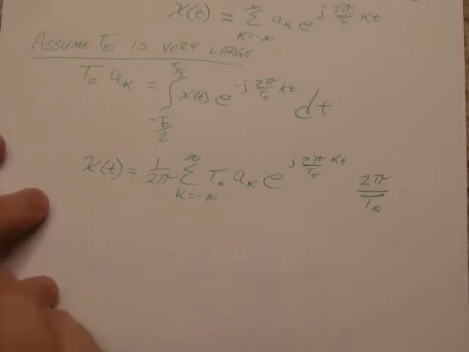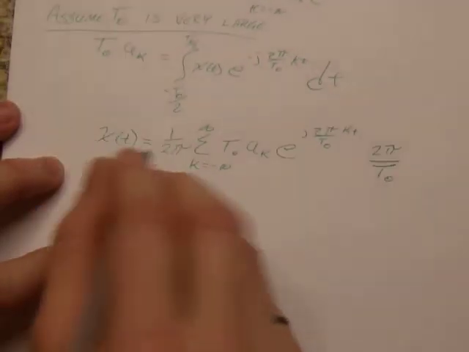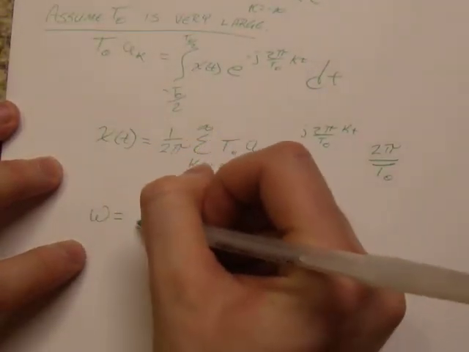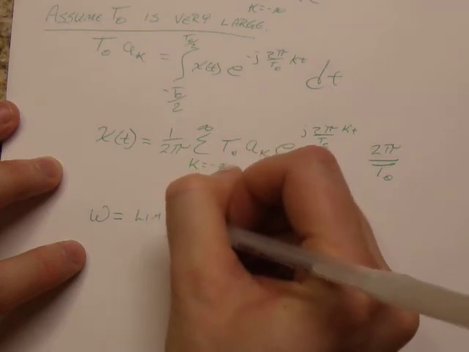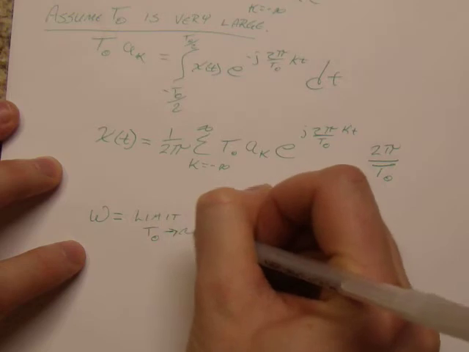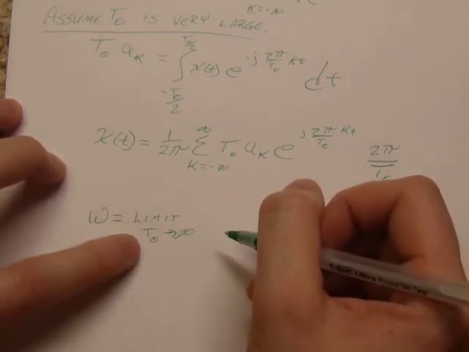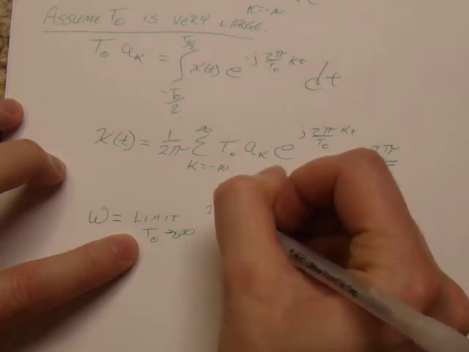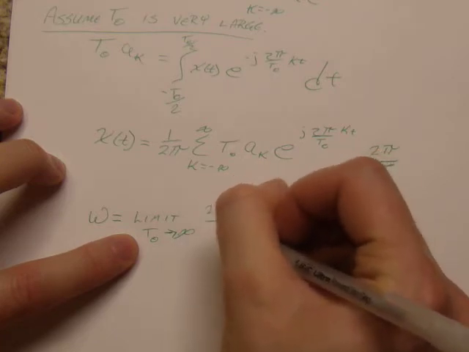So we're going to make some substitutions. We're going to say that omega is equal to the limit as t naught approaches infinity, so we're making this period very, very large, of 2 pi k divided by t naught.